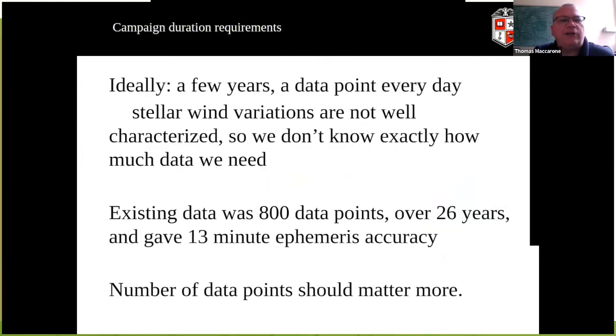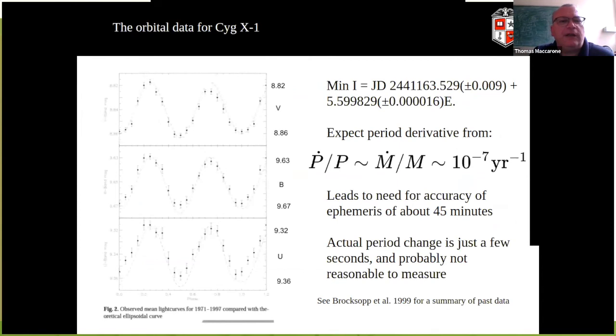It's actually a negative color between U and B, and then 0.8 between B and V. That sounds good. So anybody doing exoplanet transits should be able to easily meet your accuracy requirement. Yeah.